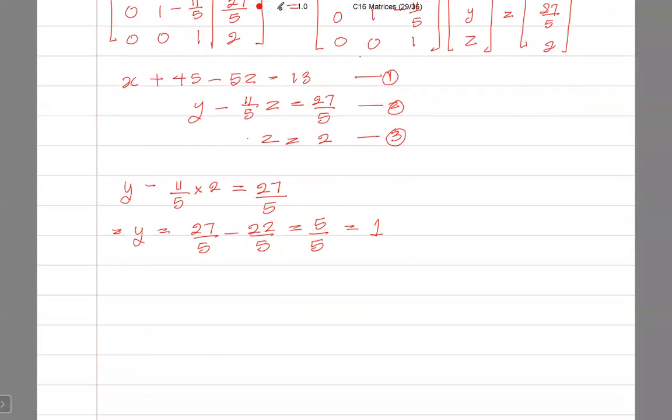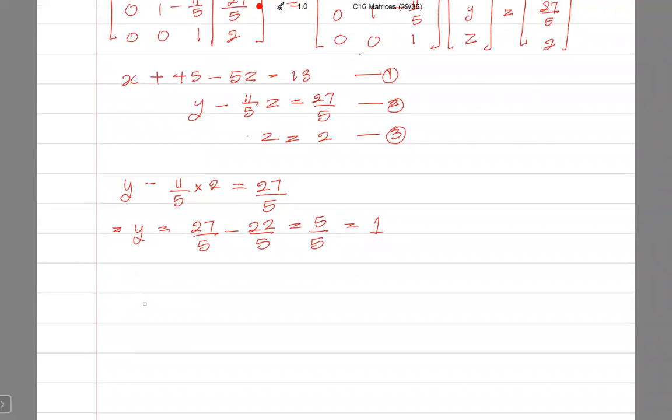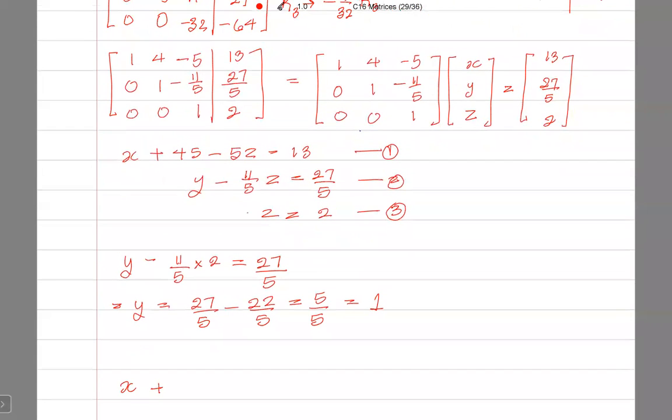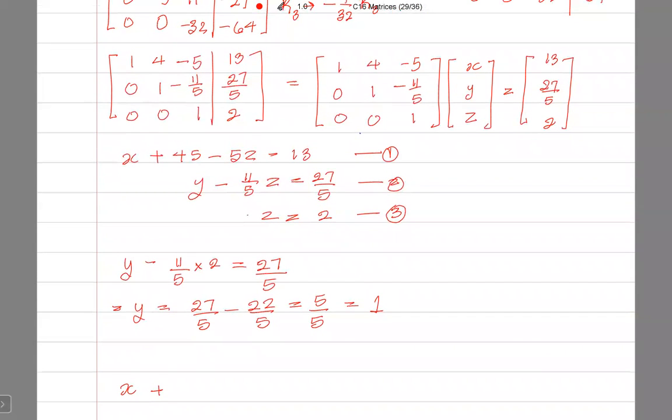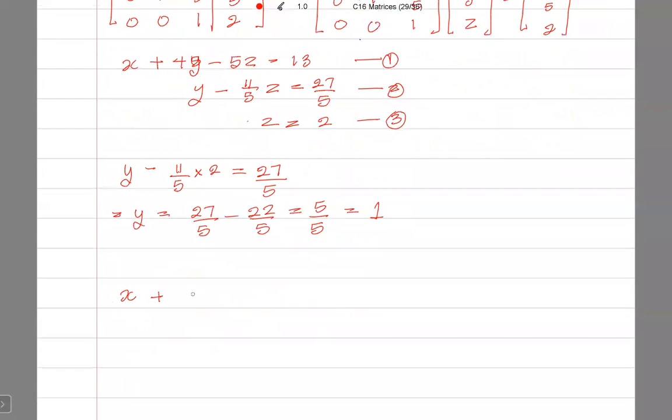So now that I have y and I have z, I can say x plus 4y minus 5z is equal to 13, equation 1. So x plus 4 times 1 minus 5 times 2 is equal to 13. So this is 4 minus 10, which is minus 6.